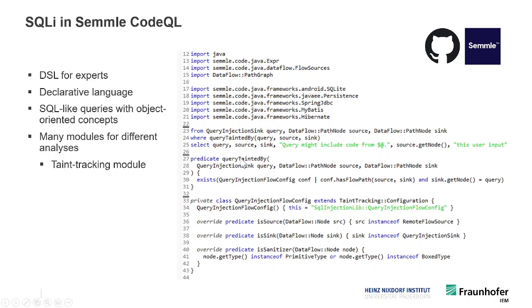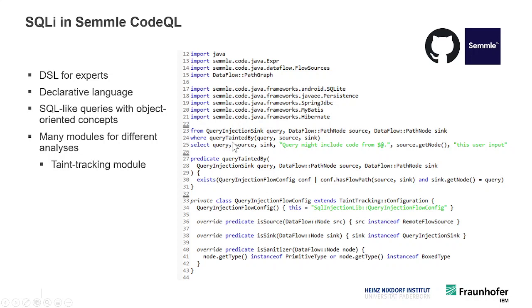This language also supports predicates, so users can define their own predicates, like query tainted by, the predicate defined here in lines 27 to 30. As I said, it is a declarative language, so everything that returns true in this where clause, if it is evaluated true, then this query will return the result specified in the select part.